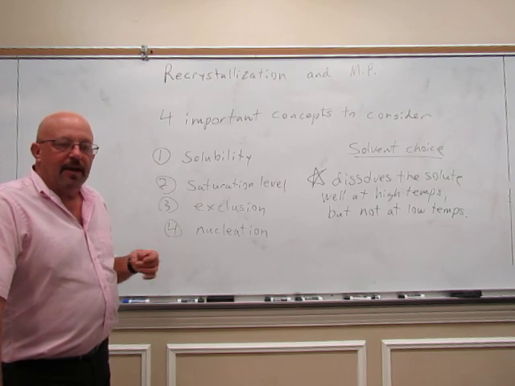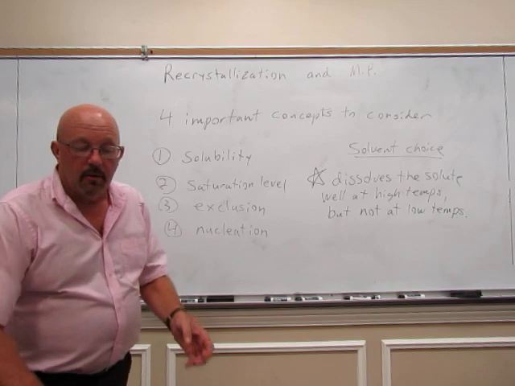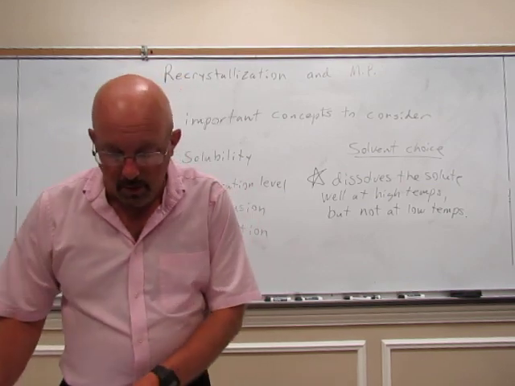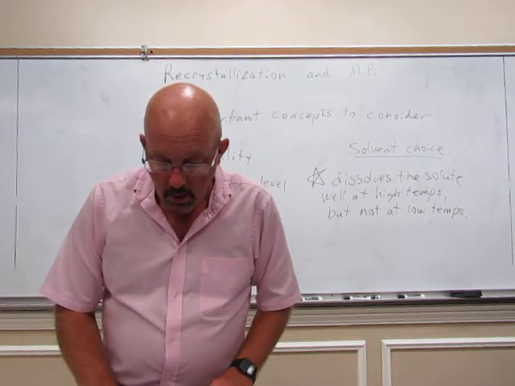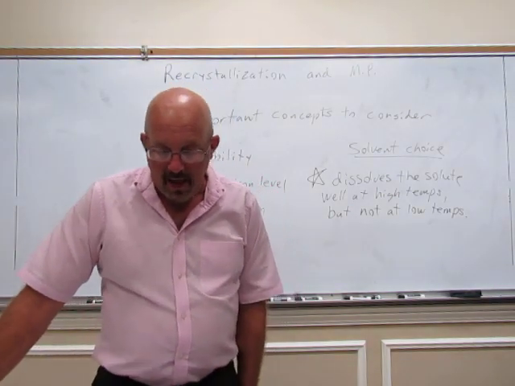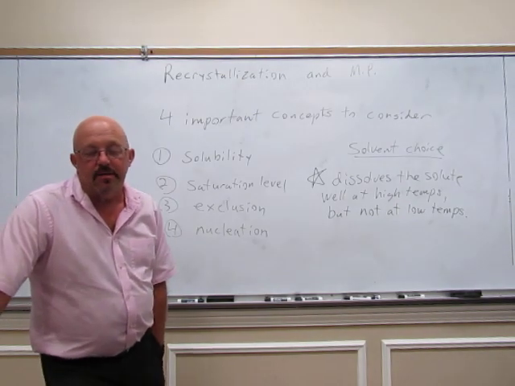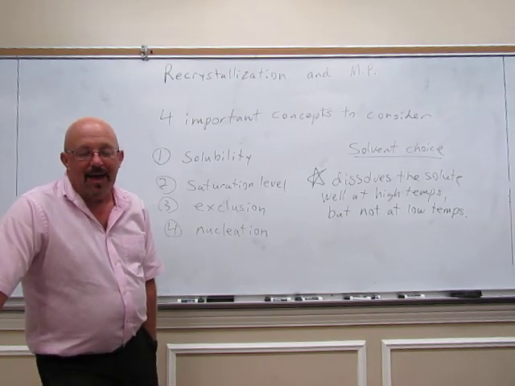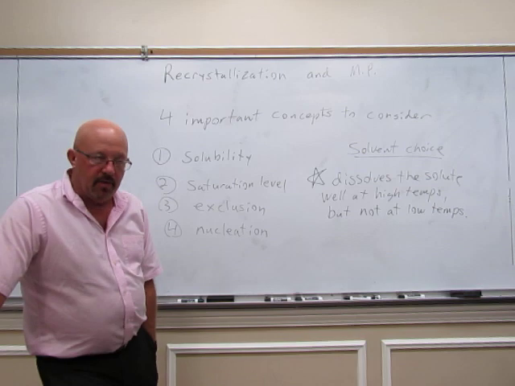In fact, this week in lab, we are using a solvent mixture. I don't remember the solvents that we are using, but we are using a mixture. We are using water and ethanol. So we are recrystallizing benzoic acid, and benzoic acid is not very soluble in water, but it's extremely soluble in ethanol.